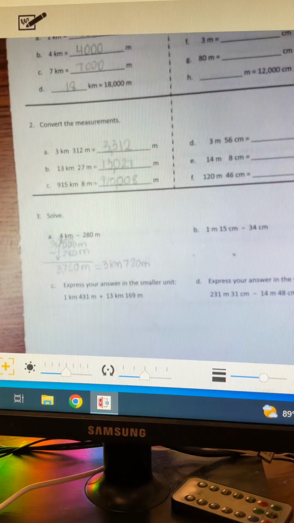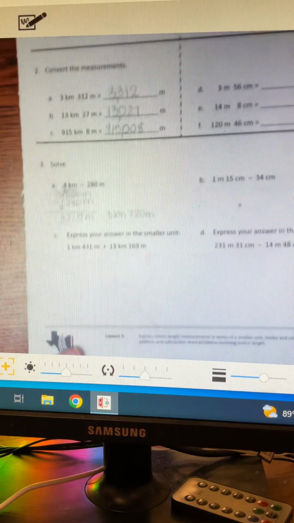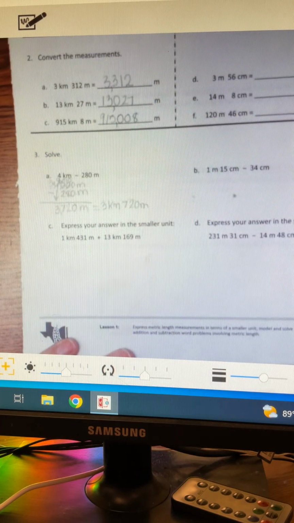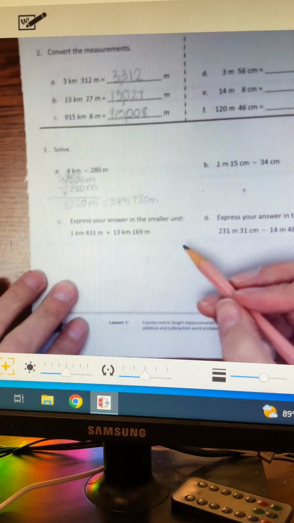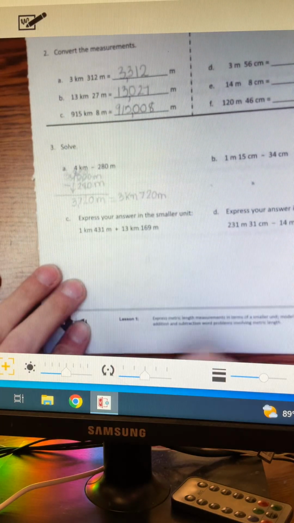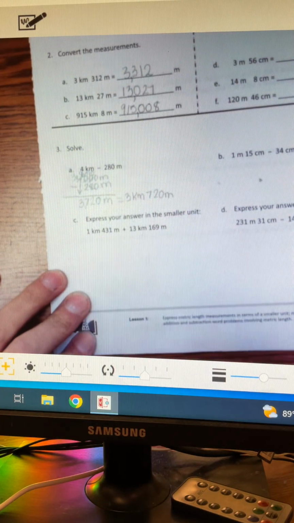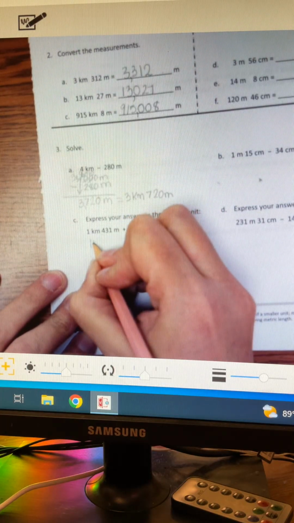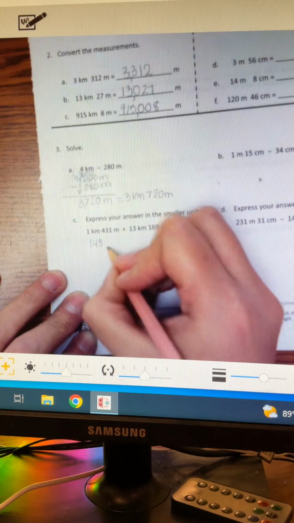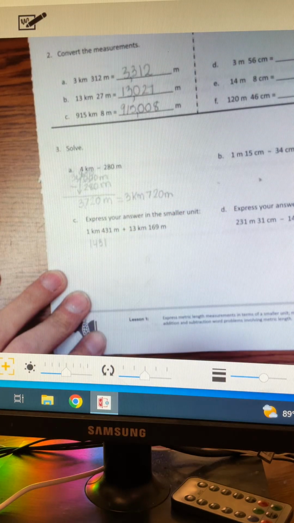Finally, we're going to work on C. C says, express your answer in the smallest unit. Let's convert everything to meters first. 1 kilometer is equivalent to 1,000 meters. We have a 4 in the hundreds, a 3 in the tens, and a 1 in the ones place.